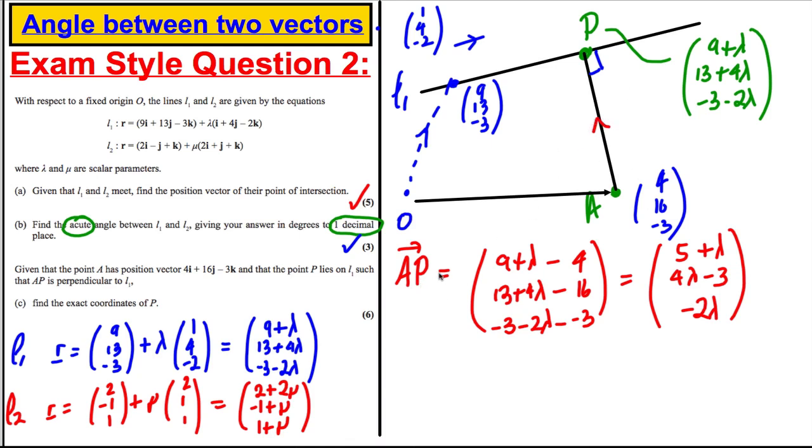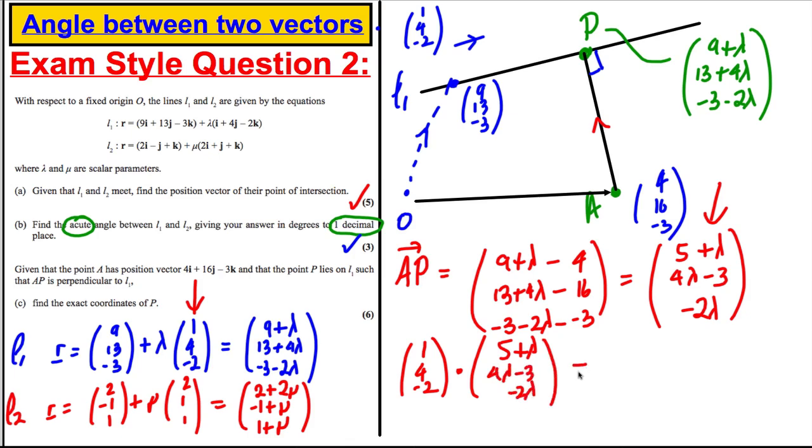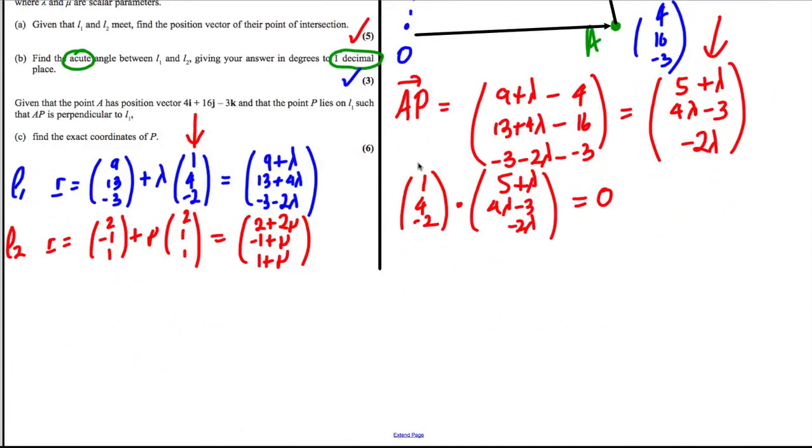Now we know for sure that AP and the direction of the original line are perpendicular. The direction of the original line is this, the direction of AP is that. If we dot these two vectors together, we will get 0. So 1, 4, negative 2 dotted with 5 plus lambda, 4 lambda subtract 3, and negative 2 lambda must be 0. So 1 times this, we get 5 plus lambda, plus 4 times 4 lambda subtract 3, plus negative 2 times negative 2 lambda, must be 0.